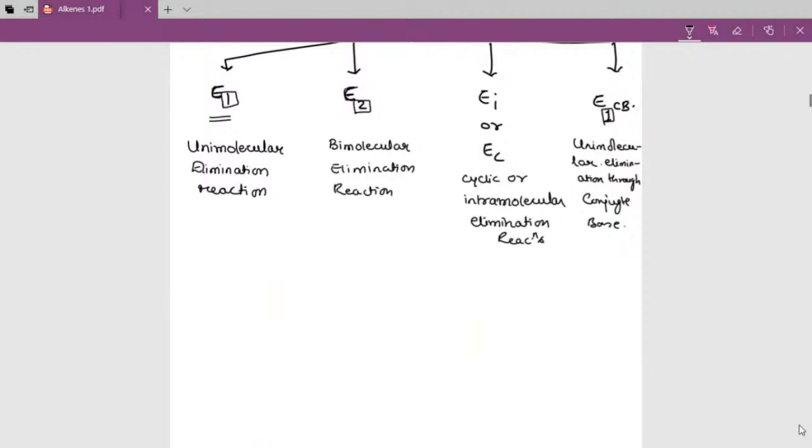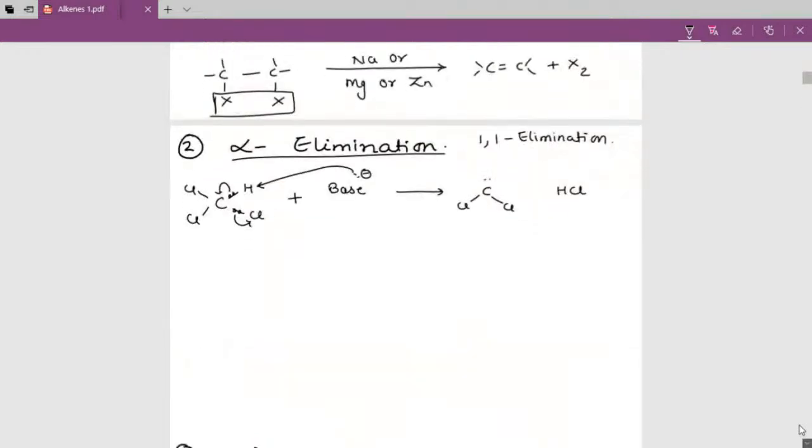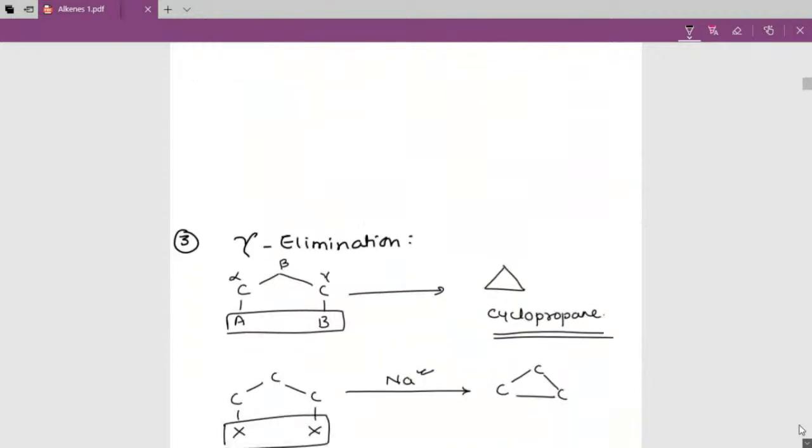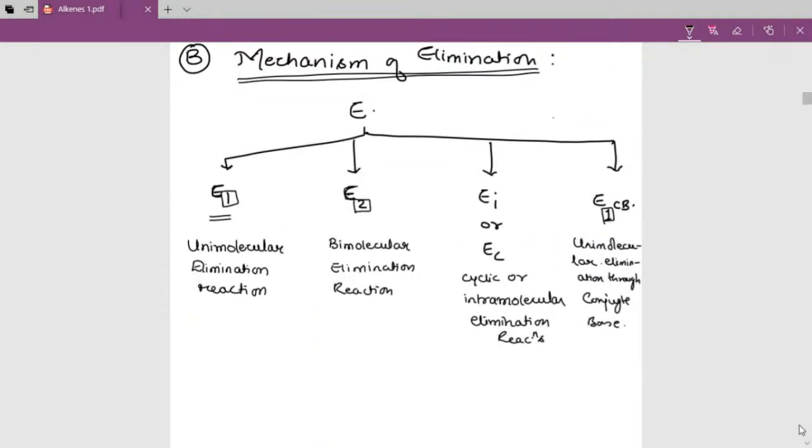Now, how are they classified? What is being done? Okay, let us understand those things. One thing I forgot to add here is that this whole mechanistic classification is certainly of beta elimination we are doing.